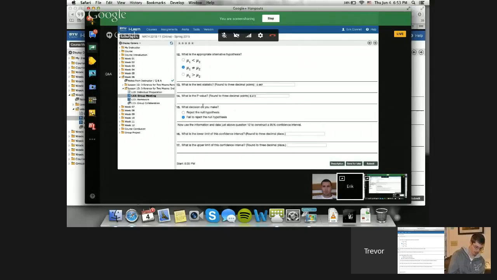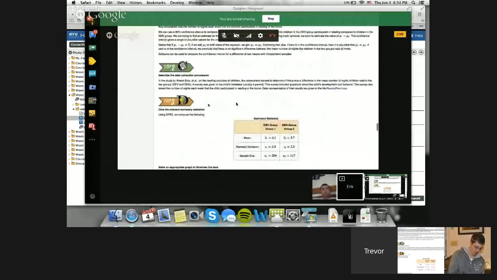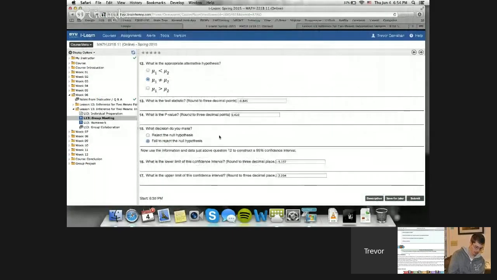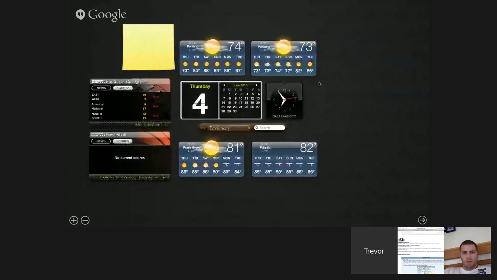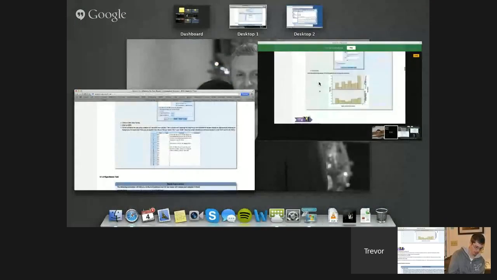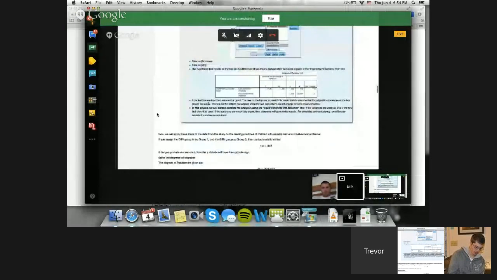Maybe it is equal variances. Reasonable to assume the population variances of the two groups are equal.